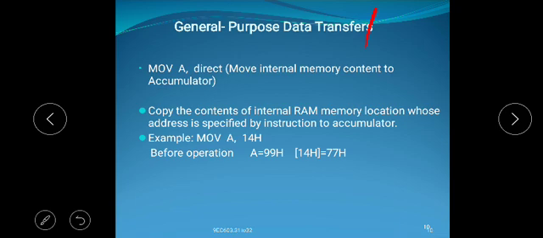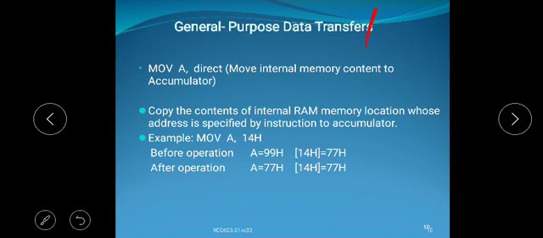Example: MOV A, 14H. Before the operation A is equal to 99H. The 14H is the RAM memory location.